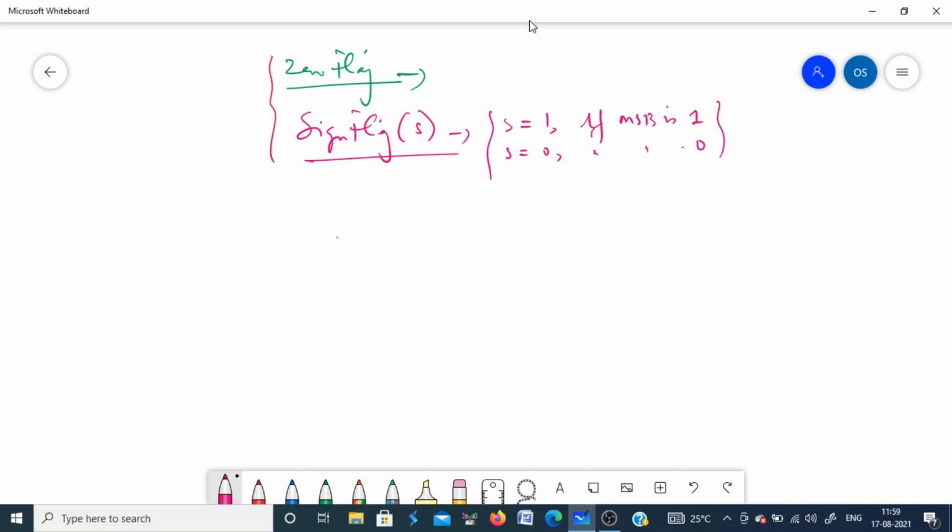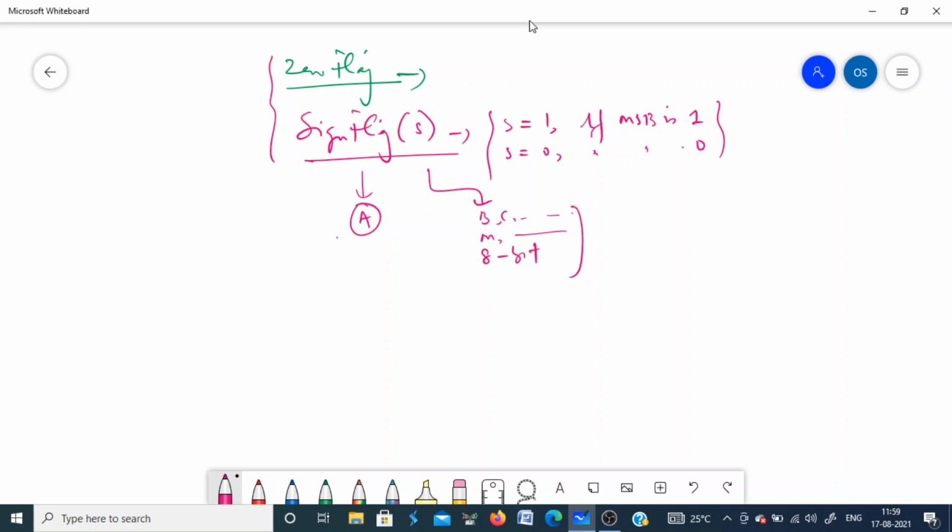So what is the application of this sign flag? I will give one example. Suppose you want to compare two numbers using a microprocessor, to find which one is smaller or larger. How can you check it? You simply have to subtract. One number has to be in accumulator A. The second operand can come from the general purpose registers, from some memory location, or it can be a direct 8-bit number.